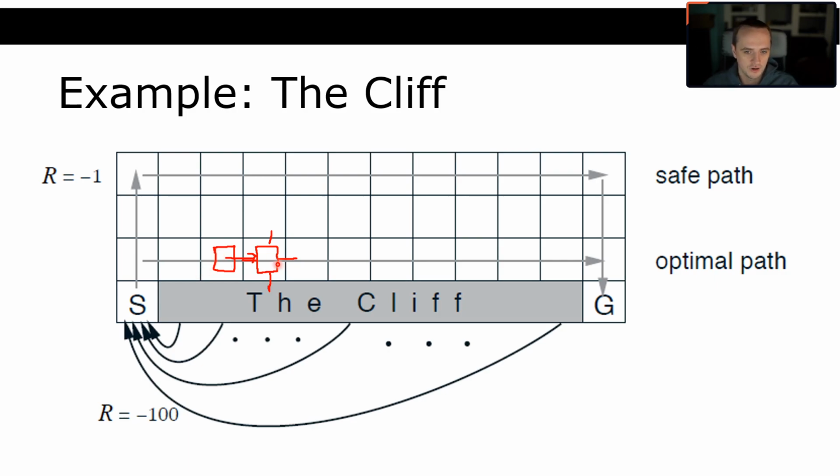Whereas Q-learning updates the value of this state based on the best possible action at this state. Since it's the best possible action, you're never going to update based on the action of going down. You're always going to update based on the action of going to the right.